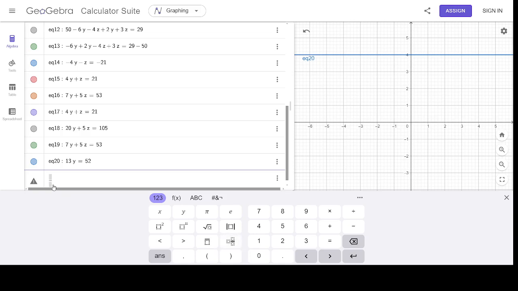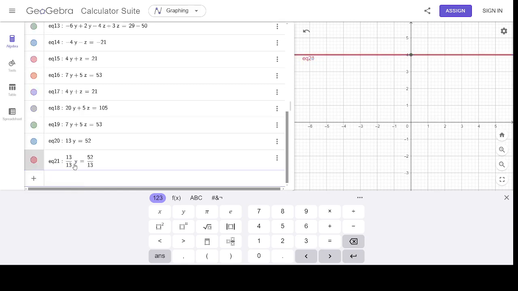So I'm going to say 13 over 13 y is equal to 52 over 13. You get the concept?